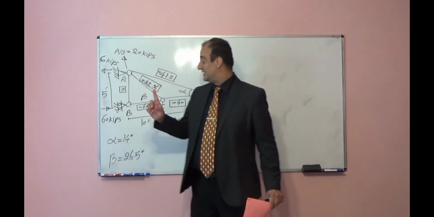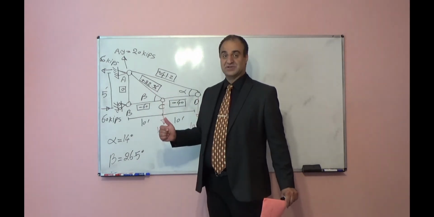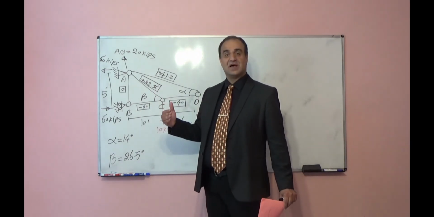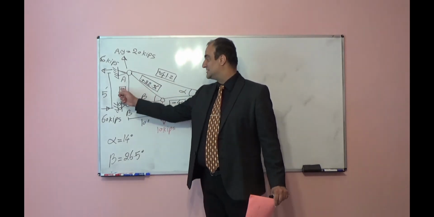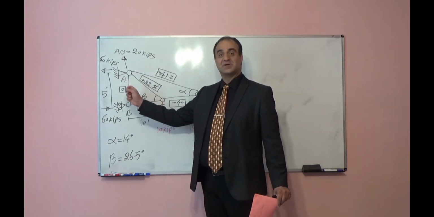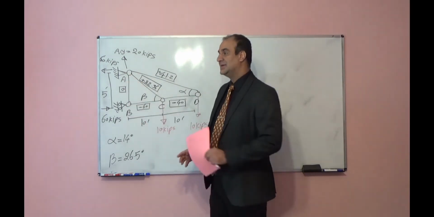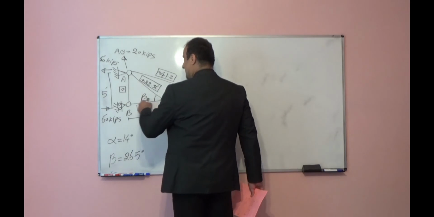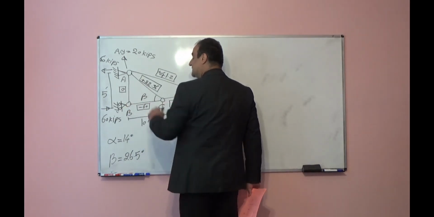And pay attention, we neglect the self-weight of the members. In reality, in real life, we have self-weight for each member. So this zero force member will have contribution and it will sustain, for example here, part of the weight of member BC.